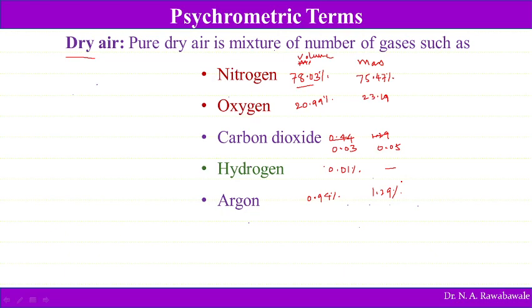Neon and helium are also some other constituents of air. If we add all these other constituents, they are about 1%, not more than 1.5%. But the major constituents of dry air are nitrogen and oxygen.